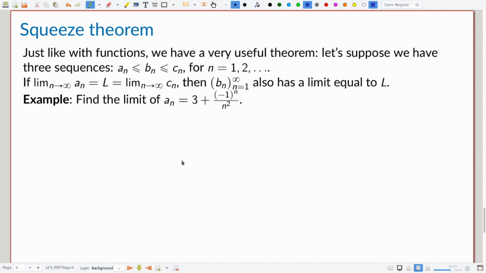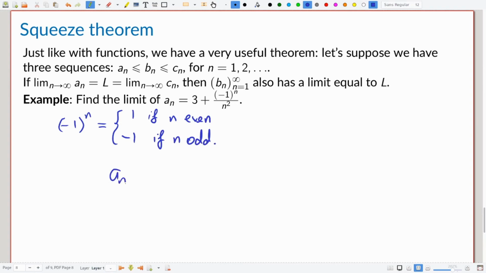So here we have an example, which is find the limit of 3 plus minus 1 to the nth power over n squared. So the key feature is this minus 1 to the n, and this is something we're going to have to recognize. Minus 1 to the n is an expression that's going to be equal to 1 if n is even, and it's equal to minus 1 if n is odd.